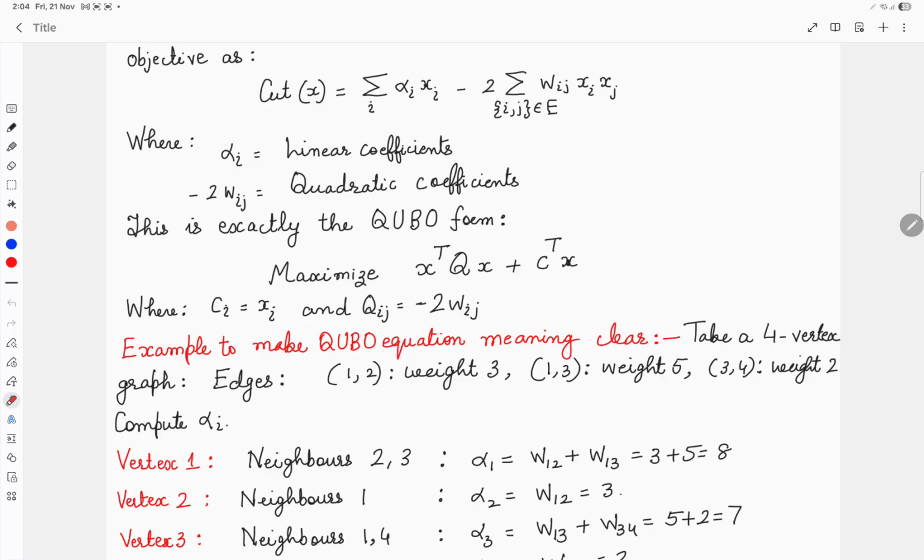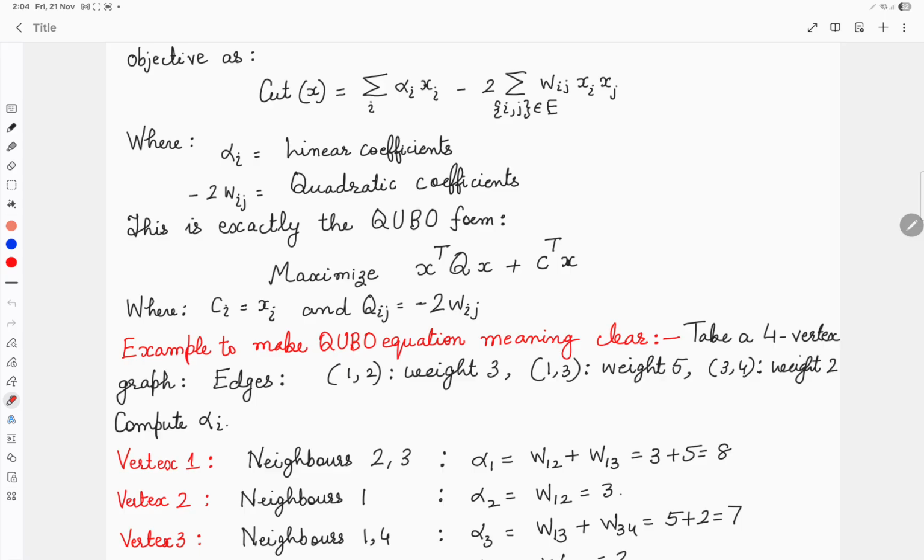In this MaxCut problem, we are looking into three things. One is the MaxCut problem itself. Then we are mapping the MaxCut problem to the classical Ising model. And the third formulation is the Kubo formulation.